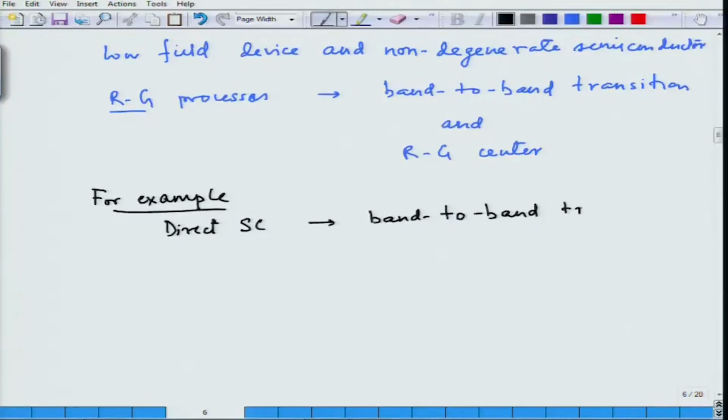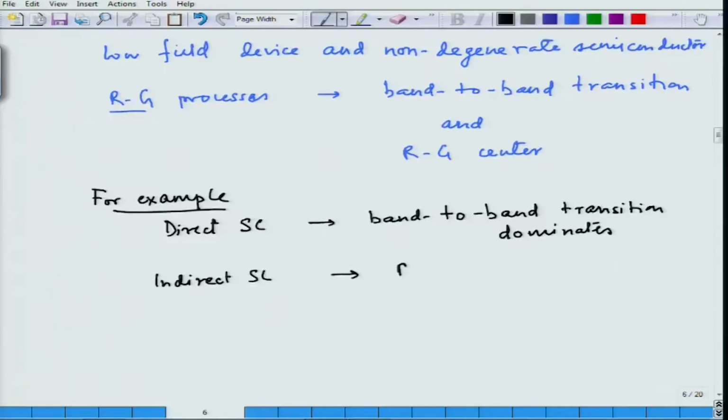Band to band transition dominates. That does not mean that RG center is not taking place. All it says is that the rate at which band to band transition is taking place is higher than the RG center.